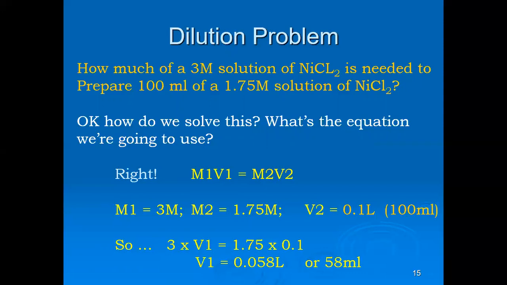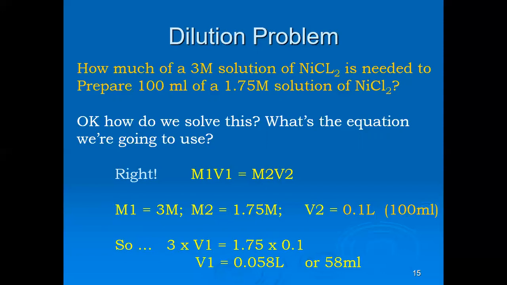Okay, so how much of a 3 molar solution of nickel chloride is needed to prepare 100 ml of 1.75 molar solution of nickel chloride? So remember, the original solution is 3 molar, and we have to calculate how much volume we would take from that original 3 molar nickel chloride.